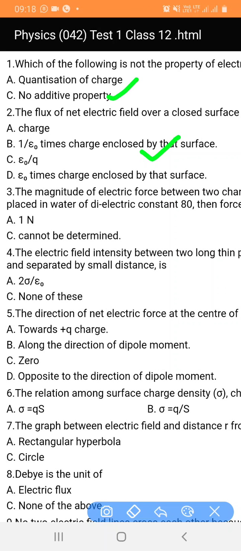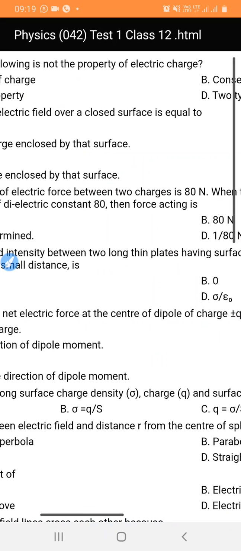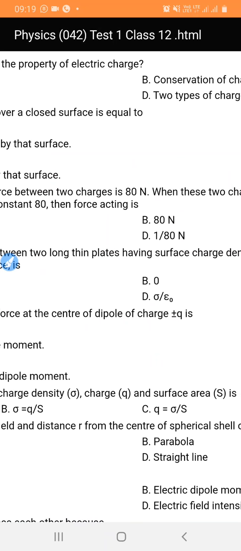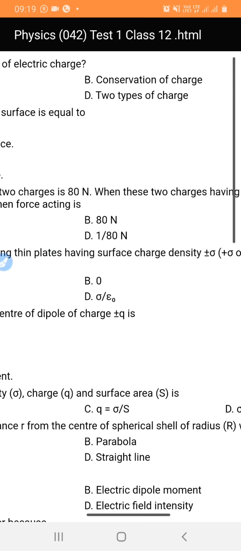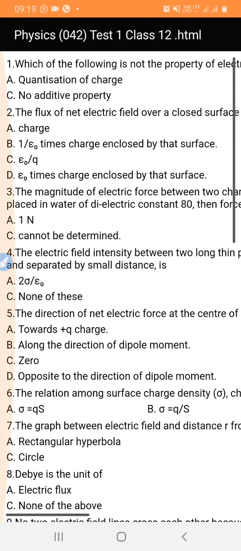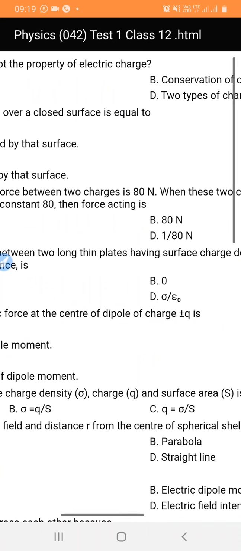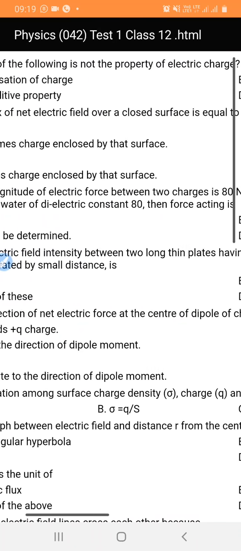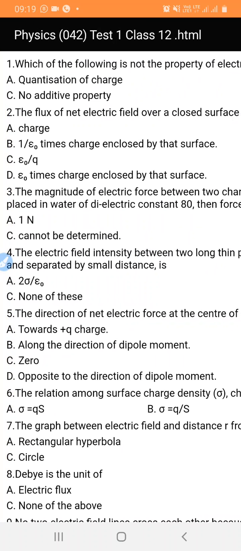Now for the third question, the magnitude of electric force between two charges is 80 Newton. When these two charges having the same separation are placed in water of dielectric constant 80, then what is the force acting between the two charges?